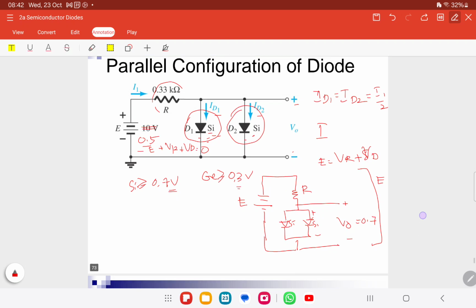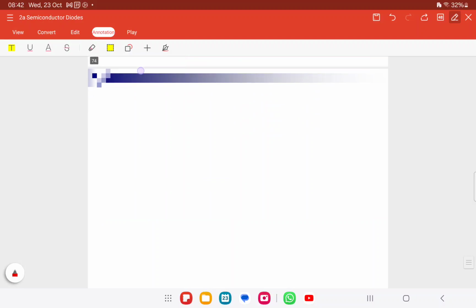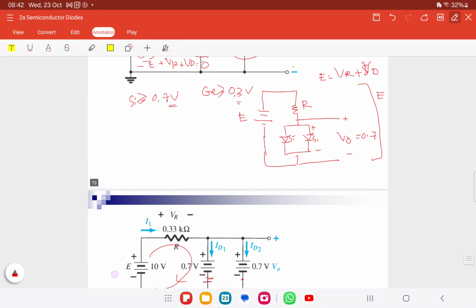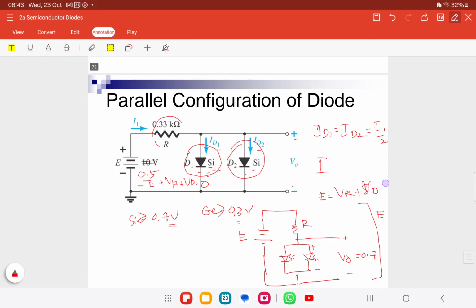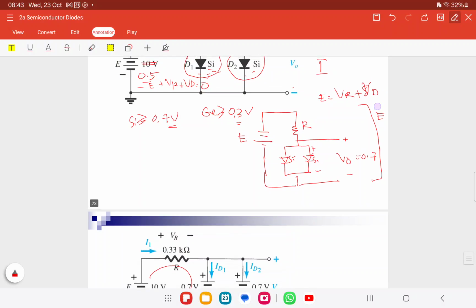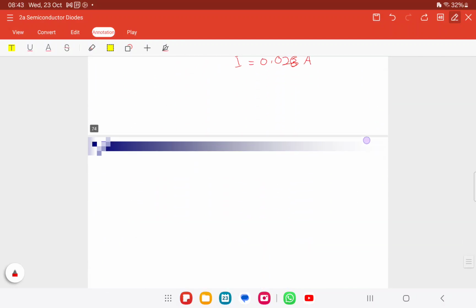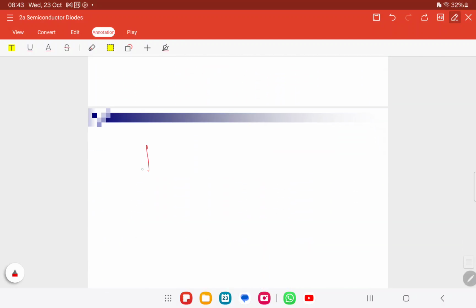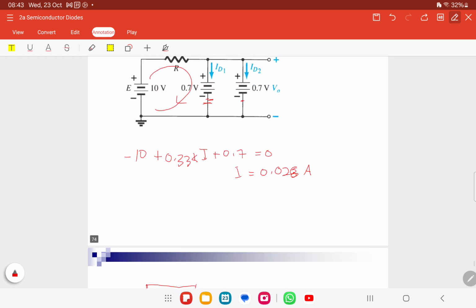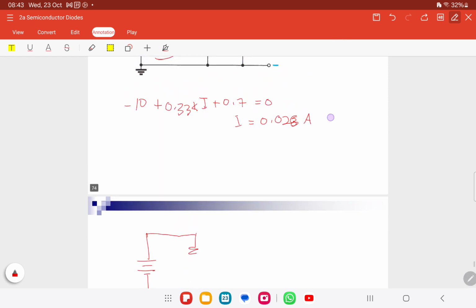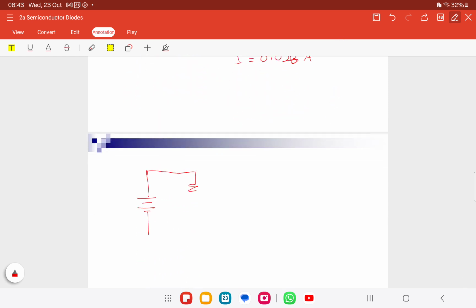Okay, saya nak tunjuk what happen kalau in the circuit if we have silicon and germanium in one circuit.